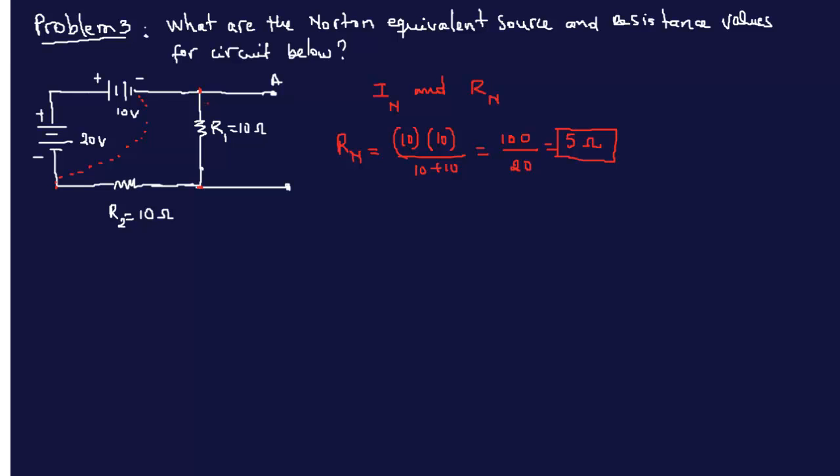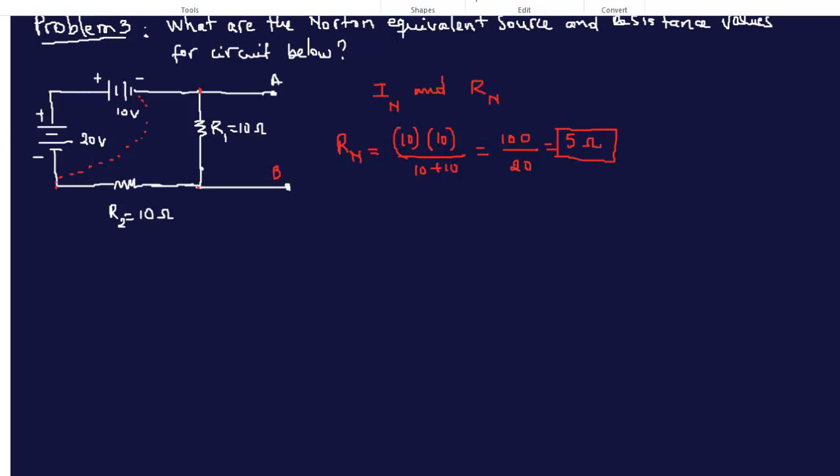So the terminals here are short-circuited, so there's no current flowing through R1. That's Norton right there. This is terminal A through B. So the terminals of R1, these are short-circuited, so there's nothing that goes through here. There's no current going through here.